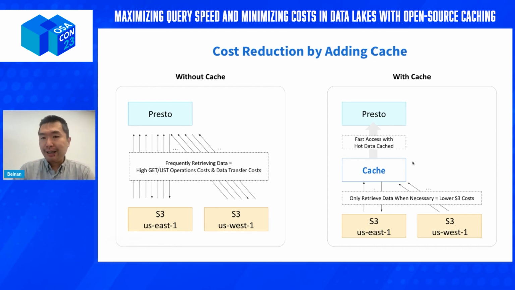But by using the cache, the hot data, the data we use most frequently, will just be in the cache. So Presto will, when the cache hits, load data from the cache. It can save the cost, which means we will retrieve much less data from remote. And also we can put the cache closer to Presto for data locality.